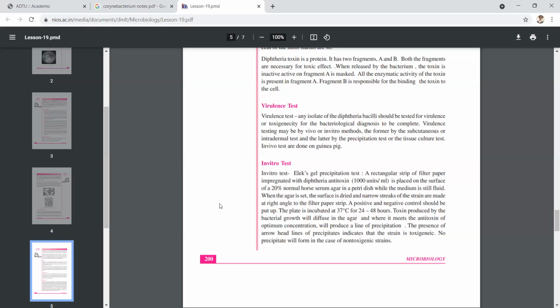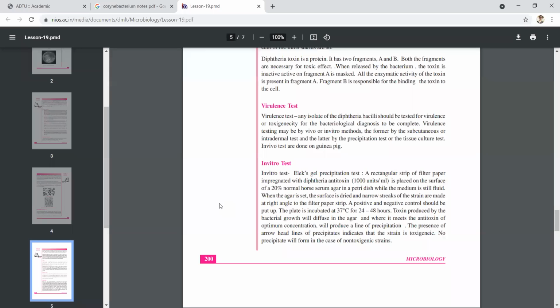That antitoxin strip is placed on the surface of a 20% normal horse serum agar in a petri dish.